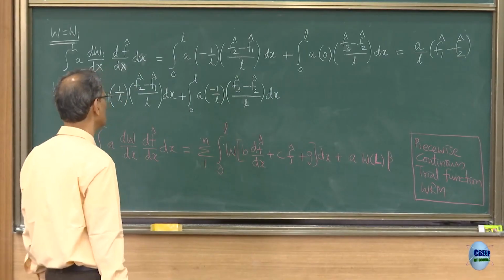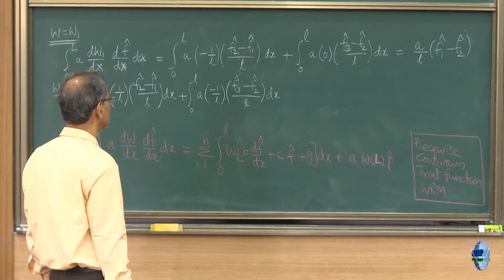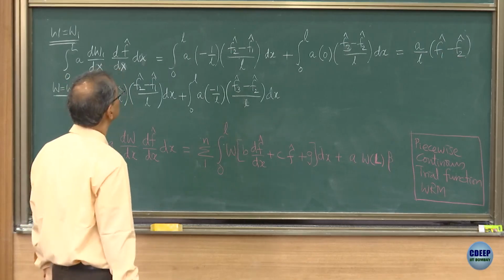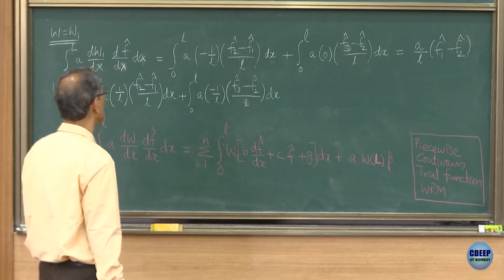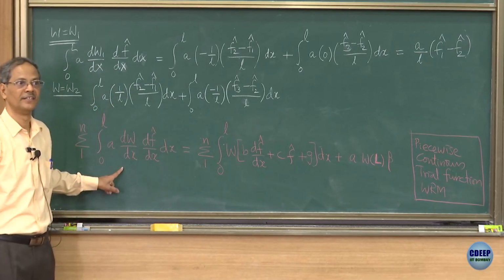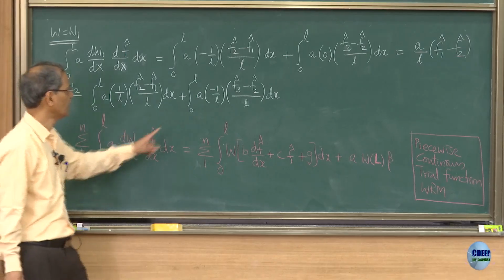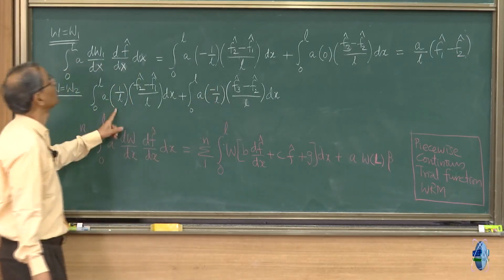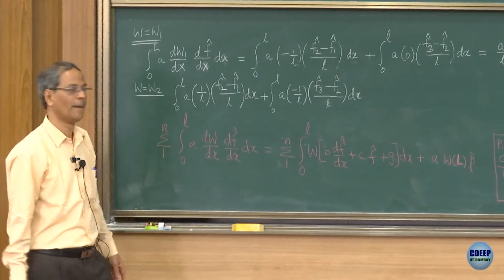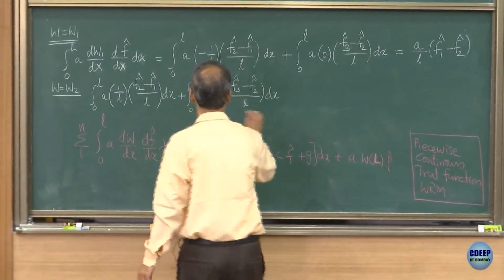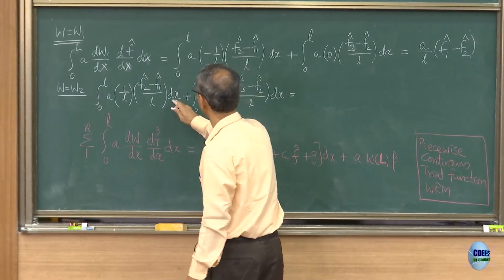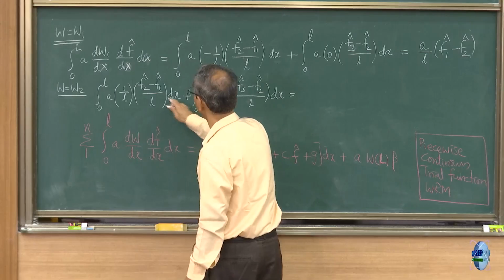With respect to W2, 1 minus x by L. So I need dW by dx on the left hand side. dW by dx will be minus 1 over L and 1 over L. X by L, dW by dx becomes 1 over L. This is again the same, dx becomes L, L goes off.